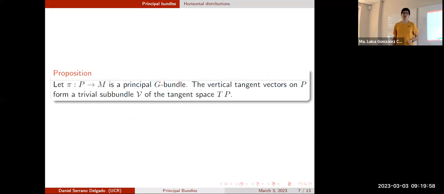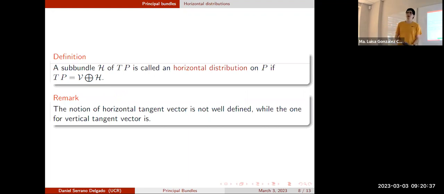But this proposition tells us that, okay, we have our principal G bundle, and on P, the canonical vertical distribution of this bundle will be defined, and it's just the kernel of the differential of the projection on the tangent space, which we'll call V. But this is not necessarily well defined.